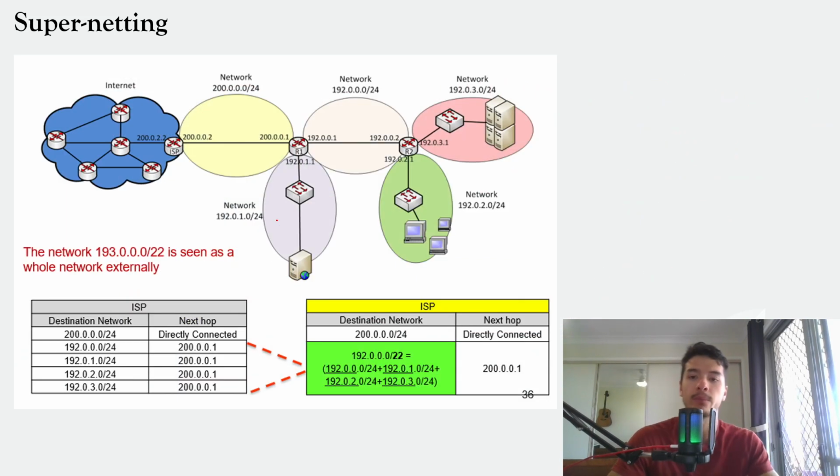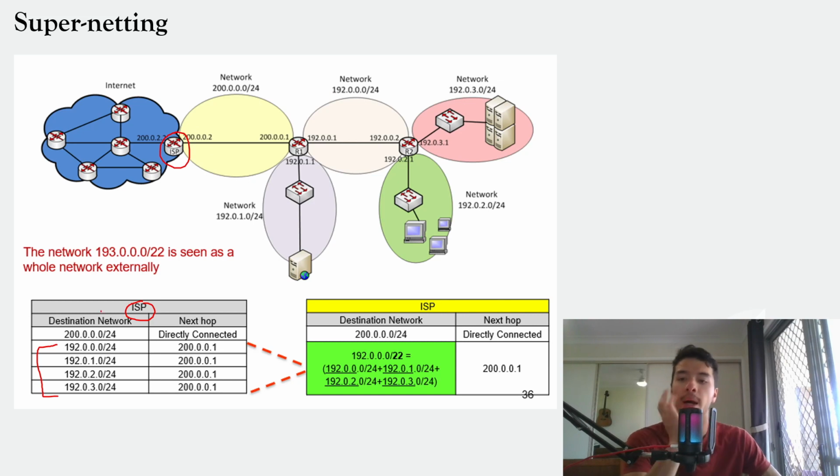Anyway, next slide. So, on this slide here, we can see we have the network 193.0.0.0/22. /22 is going to be 4 networks, as you can see here. So this is our ISP, the internet provider, giving internet to all these different networks.